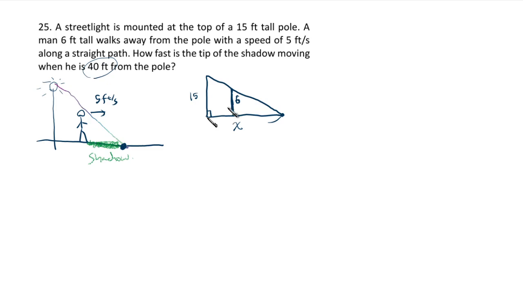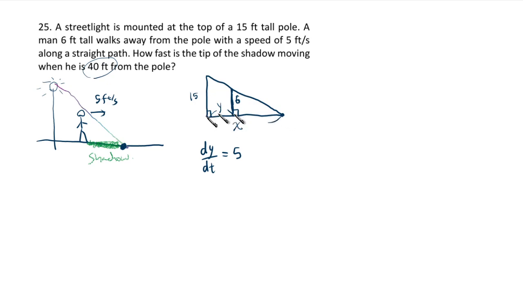And another thing is that we need to know this distance, which is y. That's because 5 feet per second, what's that? That means this distance is changing, right? So dy dt is 5. And that's why we need to put this y there, okay? So you have two right triangles, and you need two lengths.